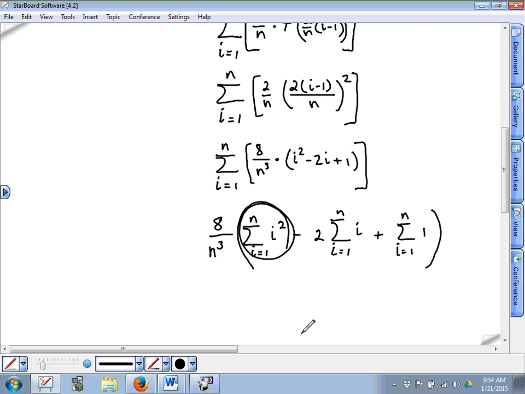There should be a formula when you're trying to evaluate the sum of i squared. Oh, yeah. And then wasn't there a formula for taking the sum of i? So let's use the formulas. Oh, regarding this last one here.